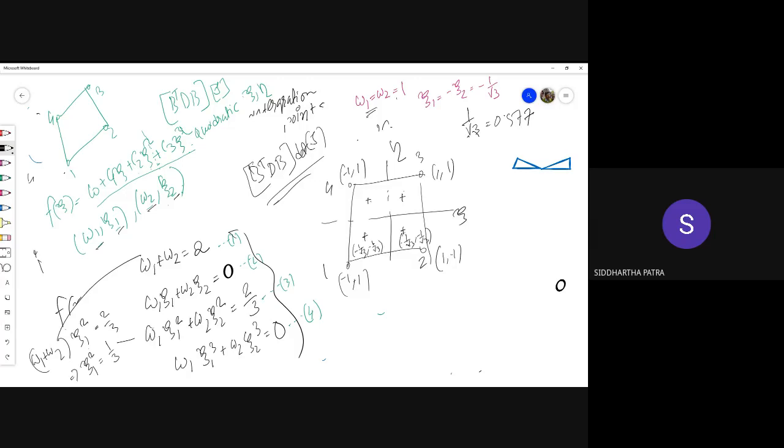But that approximation is associated with any numerical method. So this is a 2-point Gauss quadrature, and this one is known as the full integration with respect to 4-noded quad element.